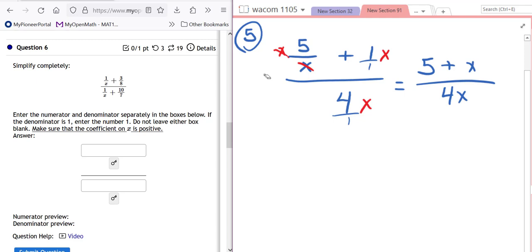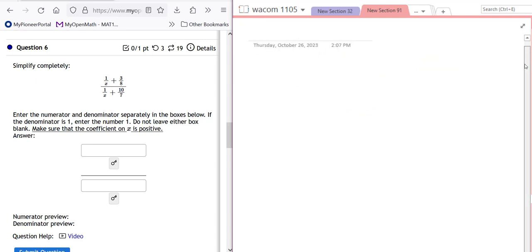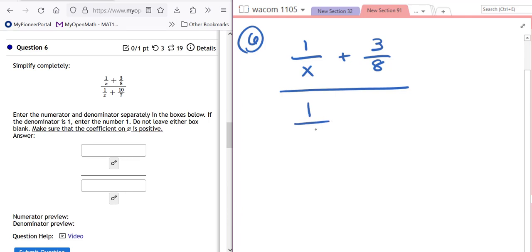All right. Let's look at this one. This is a good question. Right, so you have to find the common denominator, and actually it's going to be a little bit more work than I thought.